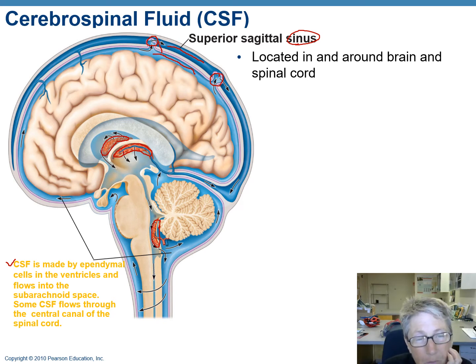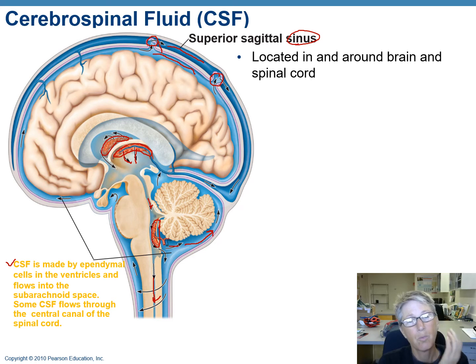Here's some cerebrospinal fluid being made, and it flows here. It flows here, and now the CSF is in the subarachnoid space. And then some of the CSF flows into the spinal cord. So here's the CSF flowing into the spinal cord.